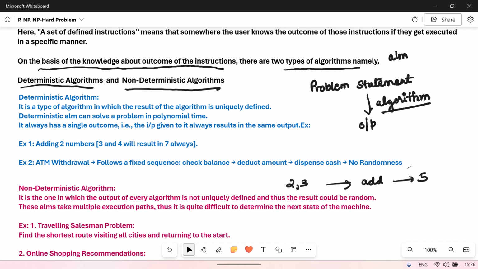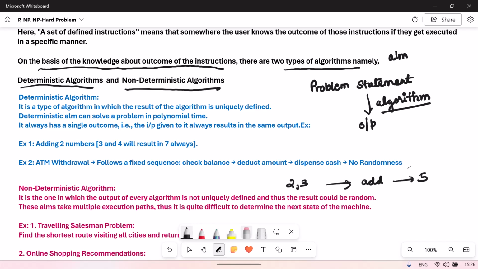So for the same set of inputs, no matter how many times I run the code, the algorithm gives me the same result. Such algorithms are called deterministic algorithms.